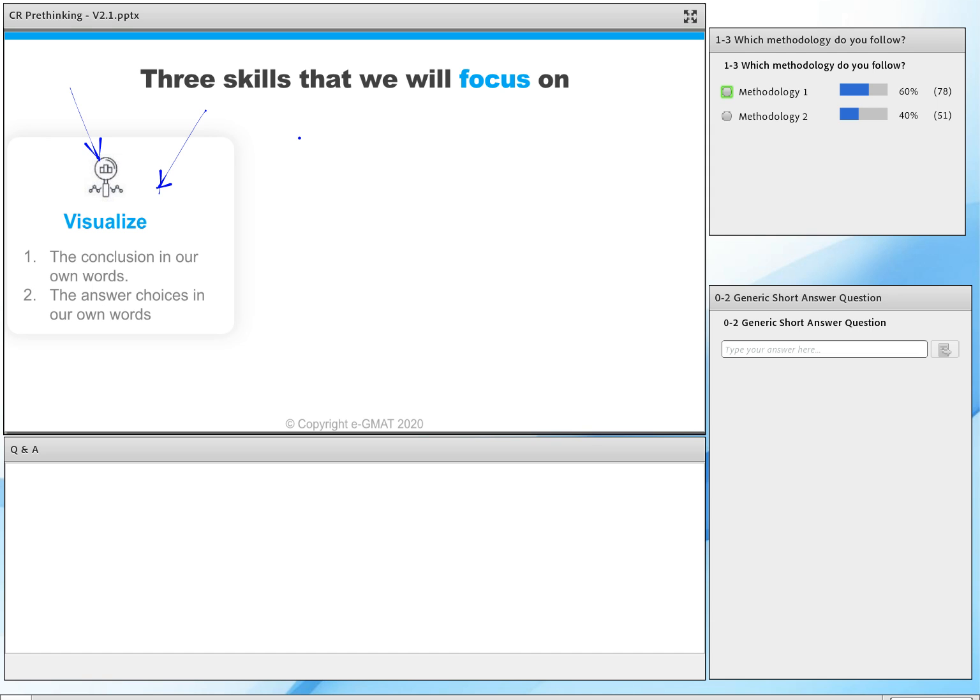You're not looking to read fast, because the GMAT's not a test of speed, and we'll discuss this more in the strategy session. It's the ability to read and comprehend that is tested, and visualization helps you do that.